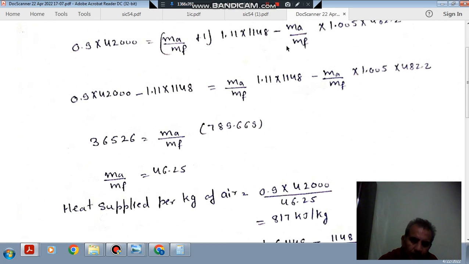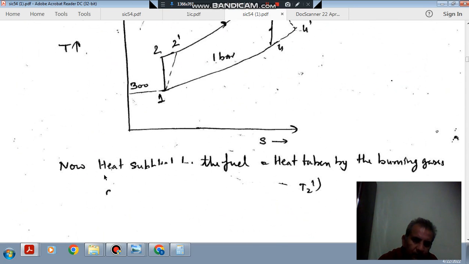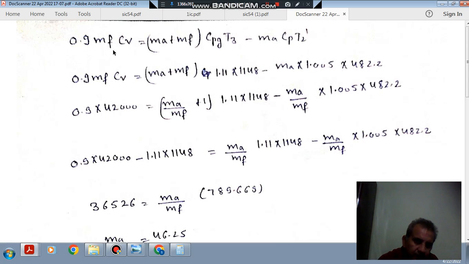Now from the heat balance, heat supplied by the fuel is equal to heat taken by the burning agent. So heat supplied by the fuel is MF into CV into 0.9. Finally we have the temperature of gases, air plus fuel, as T3.